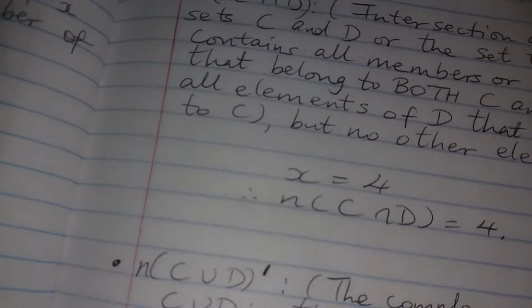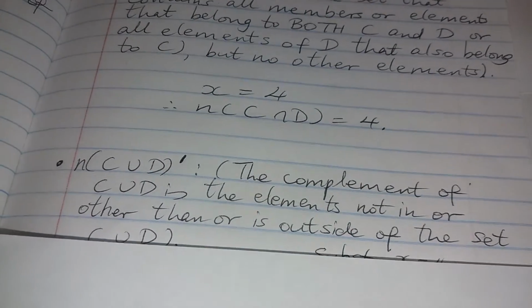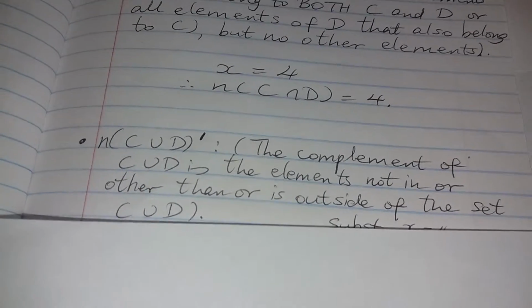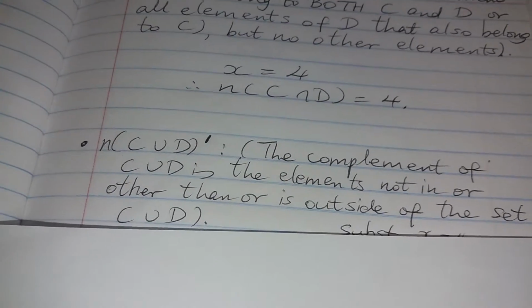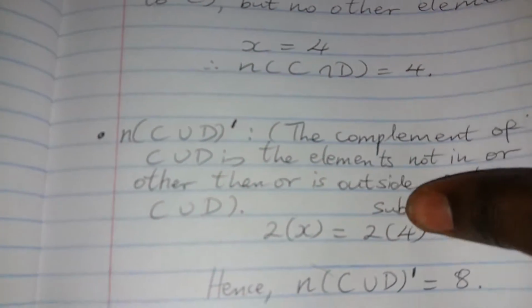Everything other than C and D, or outside of the set C and D. I read that definition. Everything other than or outside of C union D. So let's go back to the diagram.